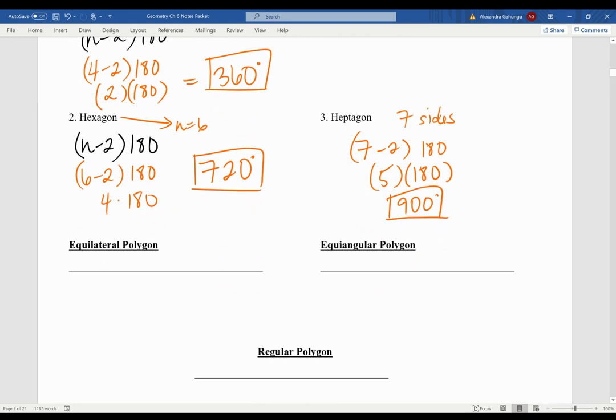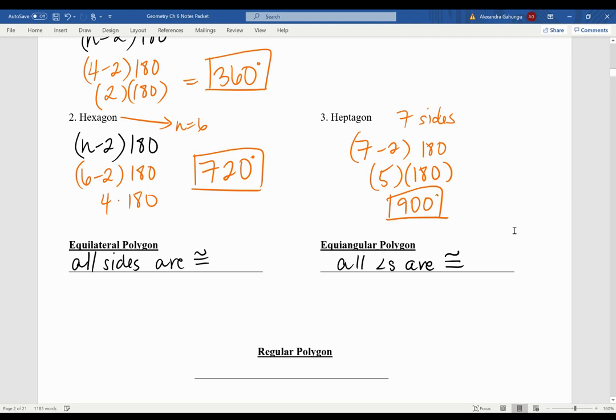Some important language also. Equilateral. We know equilateral means same sides. All the sides of our polygon are congruent. We talked a little bit about that with our triangles. Equiangular means equal angles, right? So all of our angles are congruent.